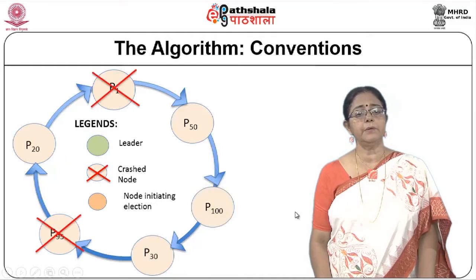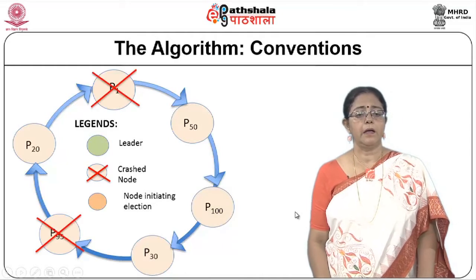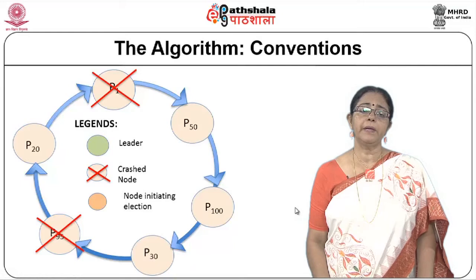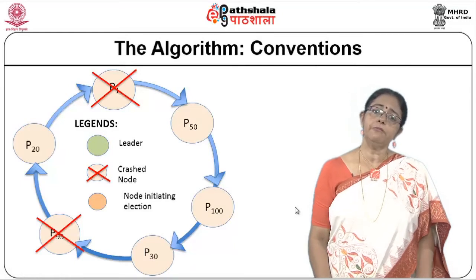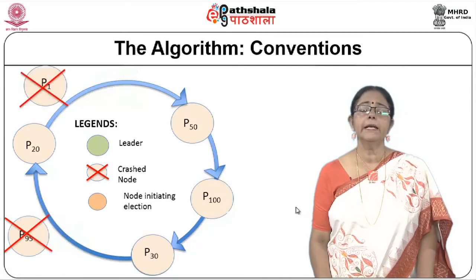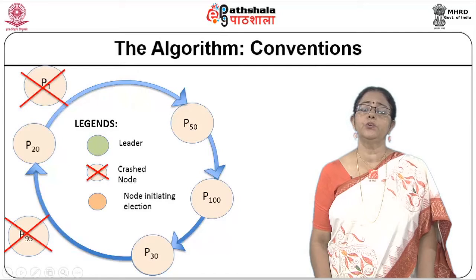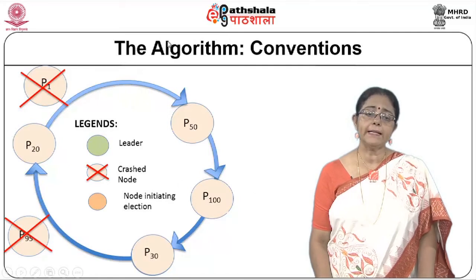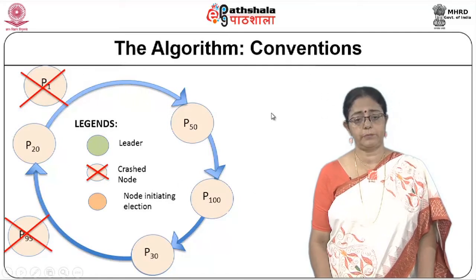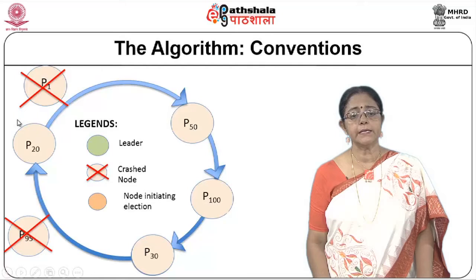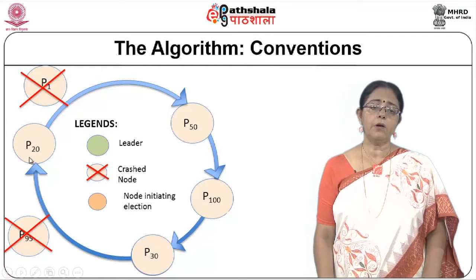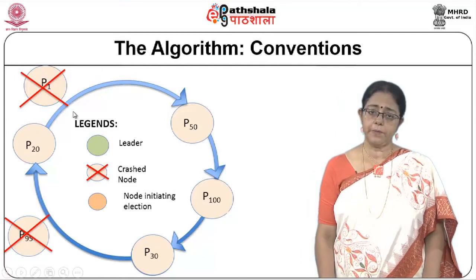Here in this example, we are seeing P1 and P95 may be crashed nodes. Now, if a node crashes in a ring, then we simply remove the node and make the channel from P20 to P50 communicate. Earlier, P20 was communicating with P1.